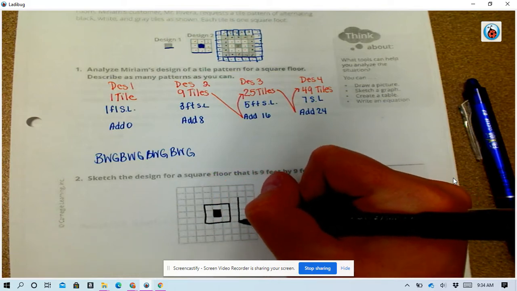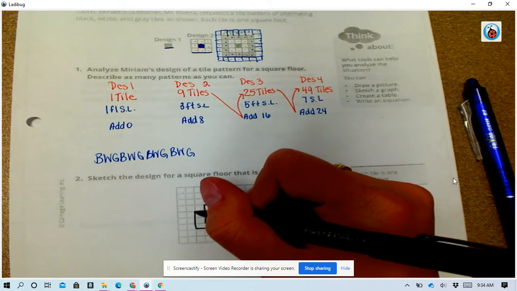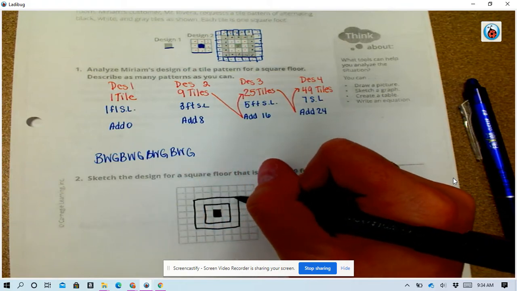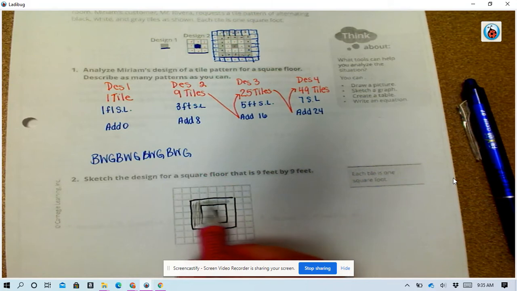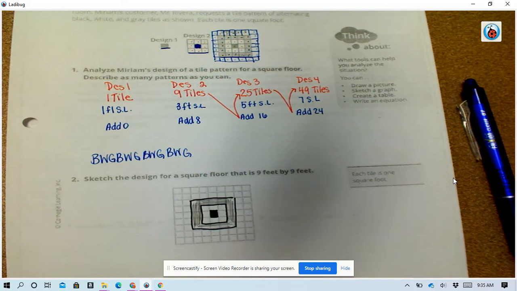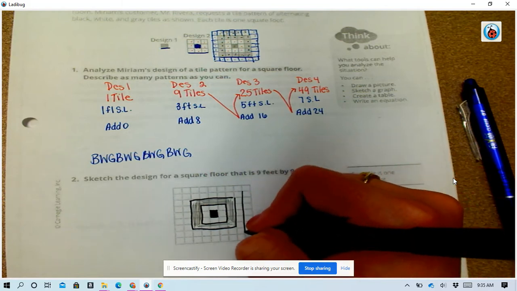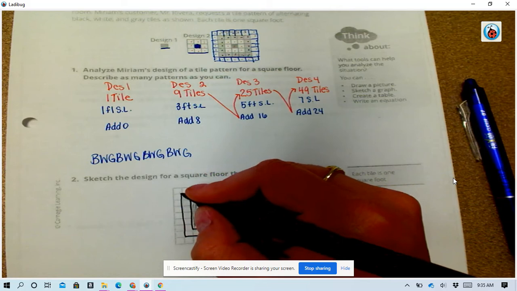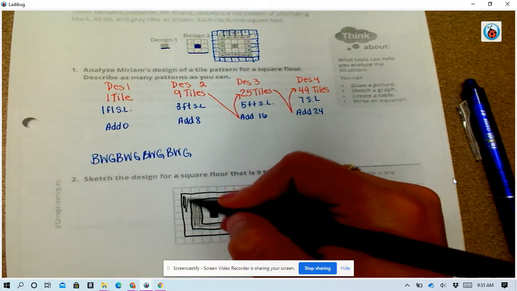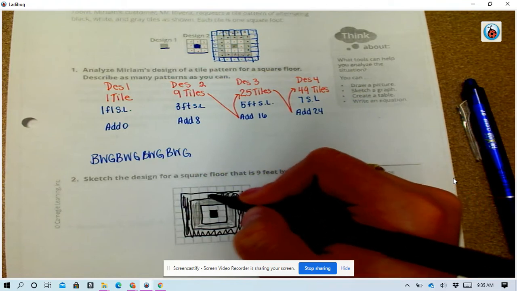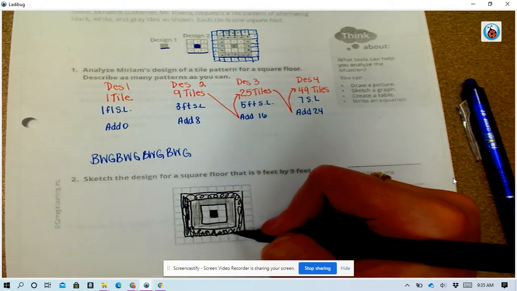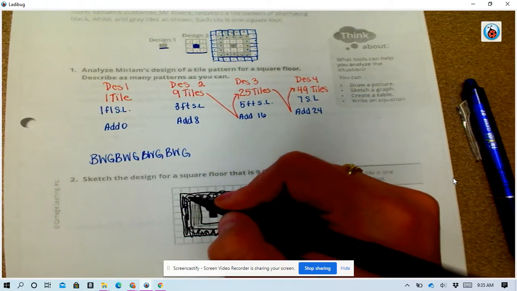And then this next row would be gray. And it doesn't have to be perfect, just so you can see the color pattern here. Gray. And then we would have black. And I'm just going to be a little messy with it. It doesn't matter. And it looks something like this.